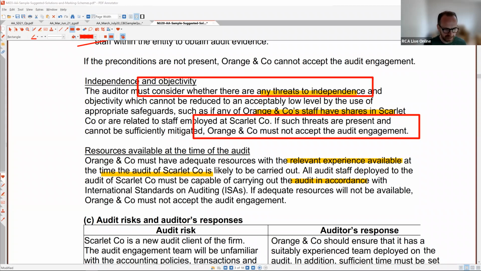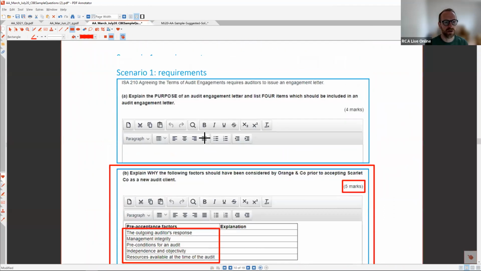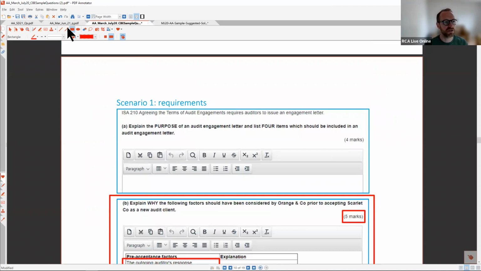Okay, just before we leave this question and the starting point, other things we need to think about are the engagement letter. This one comes up a bit, so let's have a quick look at it. Explain the purpose of an engagement letter and list 4 items. This is another good point to make, because when you've got a list, you need to recognize that that's not one where you're going to get 1 mark.